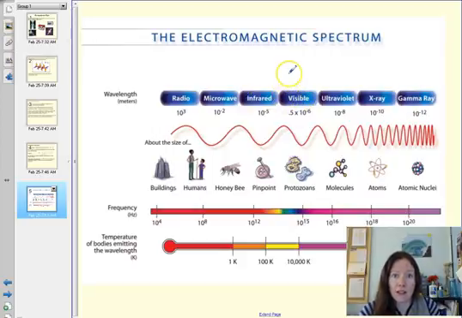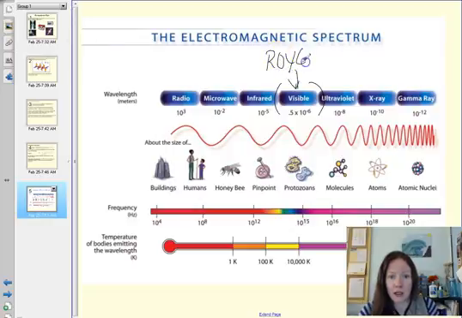Visible light, the visible light spectrum, is the only part of the spectrum that we can see. We cannot see anything else. This is our rainbow. So we have red waves, so that's why infrared. Down at the lower end, those are the longest wavelength, lowest frequency visible light waves.